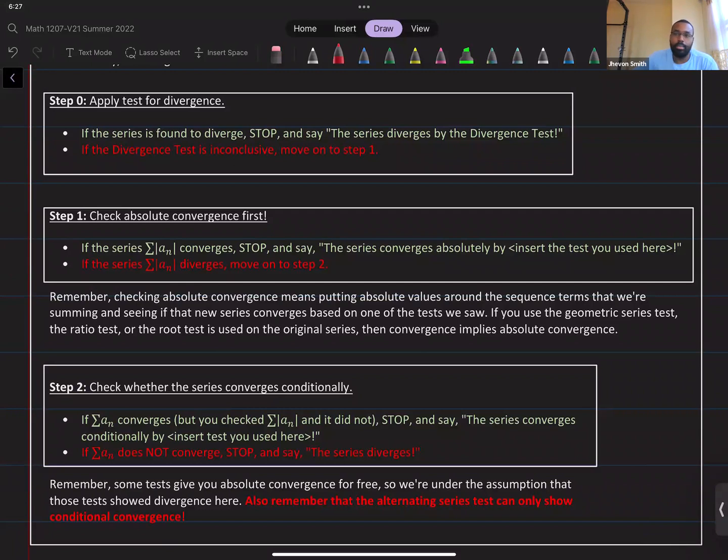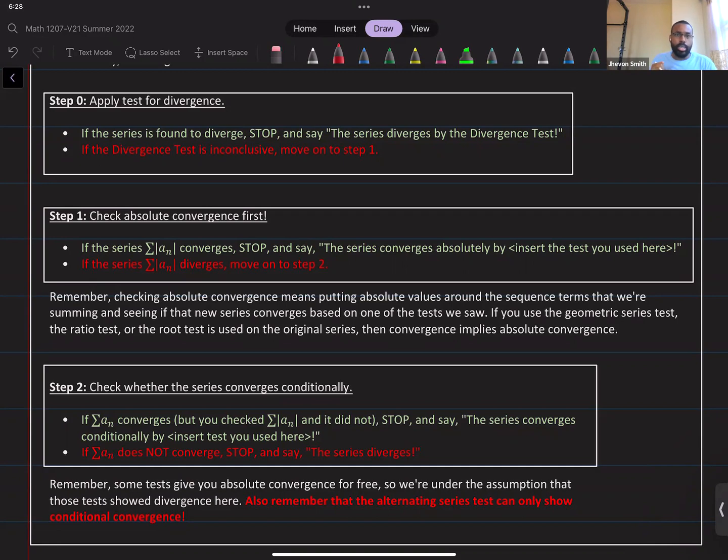If the limit converges to something that's non-zero, it diverges. If the limit converges to something that is 0, you don't know. You cannot make a conclusion. But if the limit does not approach 0 or it does not exist, you can make a conclusion. And you can only conclude divergence from the test for divergence.